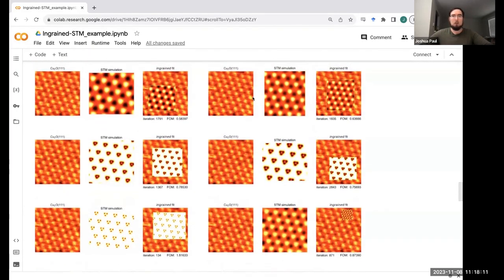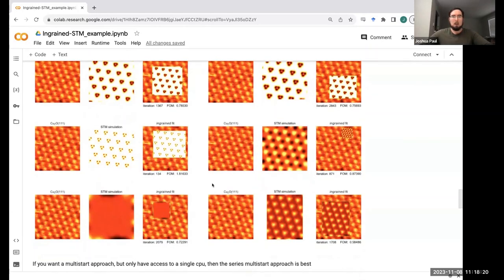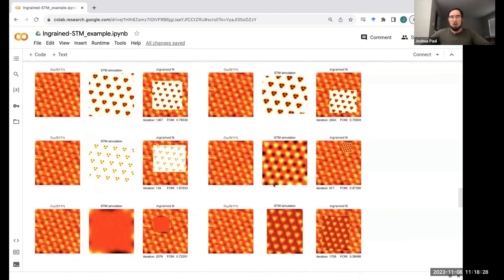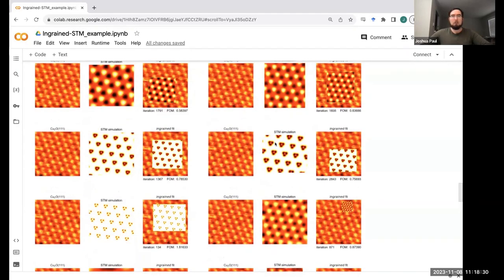So we have some good fits, some correct periodicity, but you see that the white ends up resulting in a poor match. Again, some good images, and in this case, we have too much blurring going on. And in about half of these simulations, we end up converging on similar solutions.